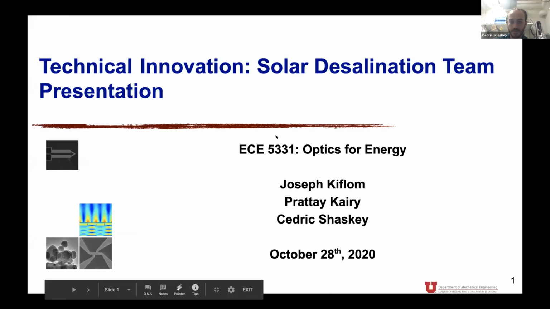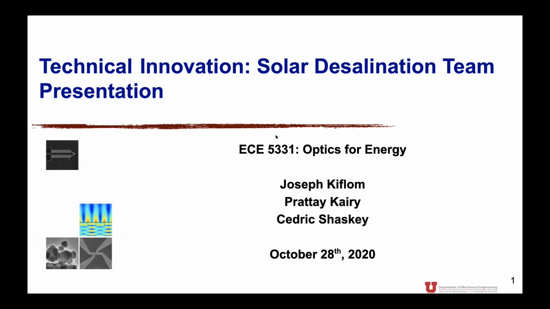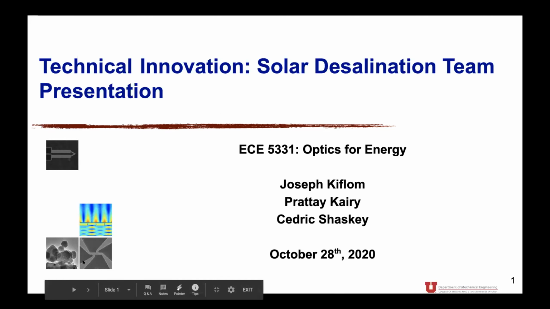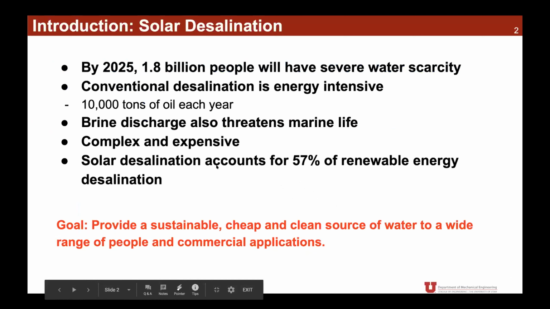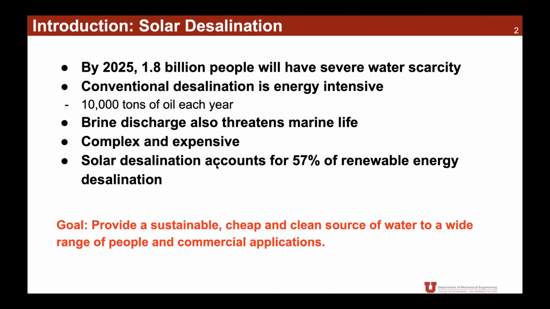Okay. Hey everyone, I'm Joseph Kiflam, and me, Prate, and Cedric make up the solar desalination team. And this is our in-depth technical innovation. Before we go into detail, let me remind everyone the motive behind our technology. By 2025, approximately 1.8 billion people will have severe water scarcity.